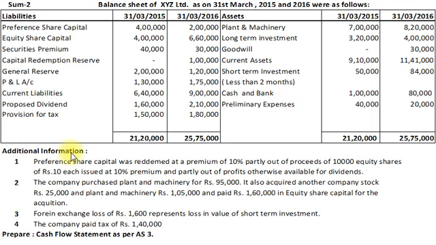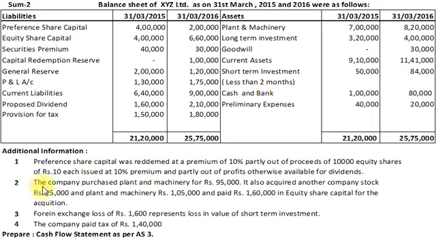Additional information. Number 1. Preference share capital was redeemed at a premium of 10%, partly out of proceeds of 10,000 equity shares of rupees 10 each issued at 10% premium, and partly out of profits otherwise available for dividend.